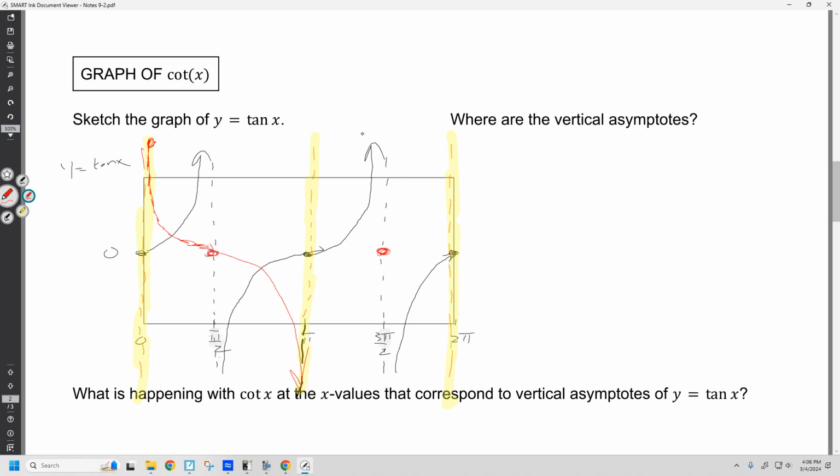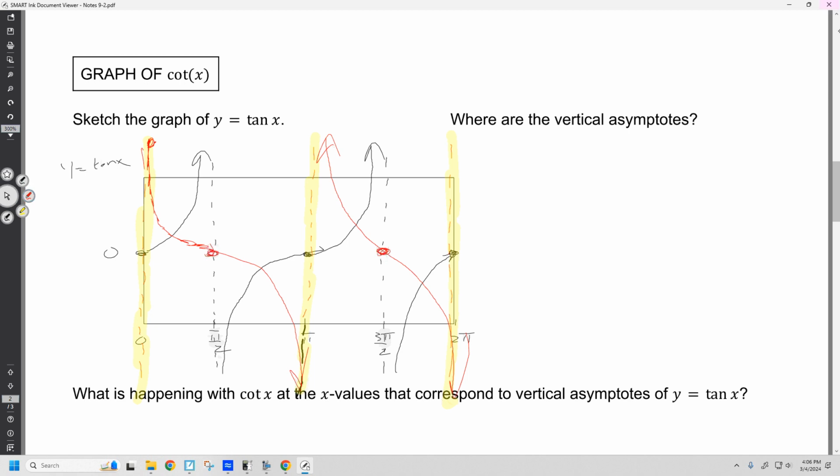So here is my graph of cotangent. Now, you don't have these memorized, guys. You have the parent function, sine, cosine, tangent. Those you have. And then you understand about taking reciprocal.